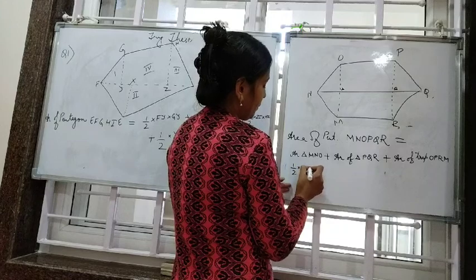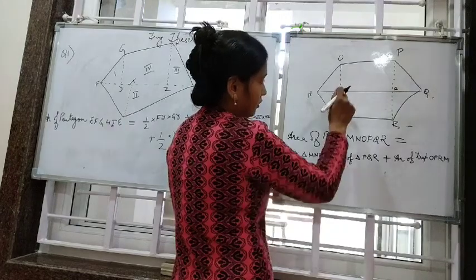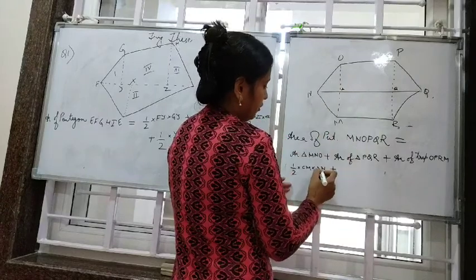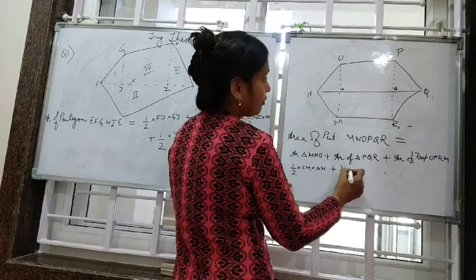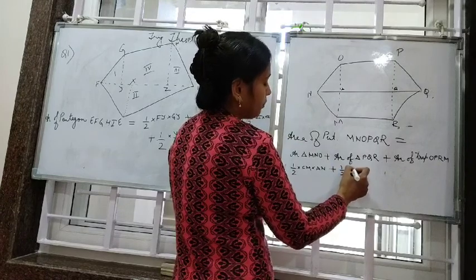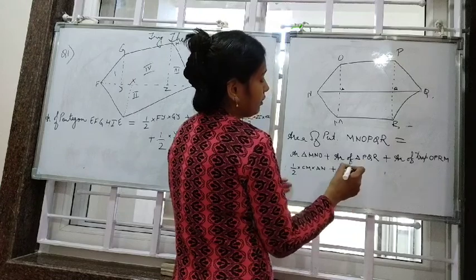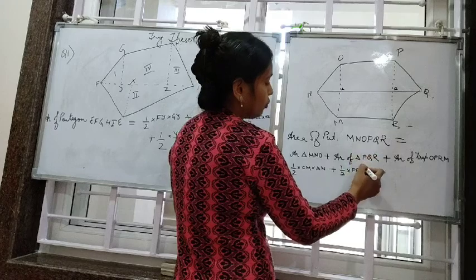OM into AL. Then area of triangle PQR, half base is PR into QB.